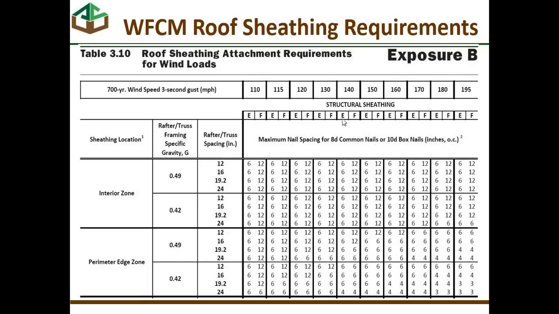So E is edge, F is field. So when you get to, let's say, 140 miles an hour, which was an example we had last week, and you have a 12-inch rafter or truss spacing and you're in the edge of the roof, then you would have a 6-inch on center edge requirement nail and a 6-inch on center field requirement nailing. And you see what the nail size is. Common 8-penny nails or 10-penny box nails.